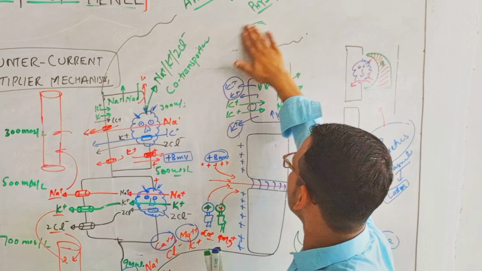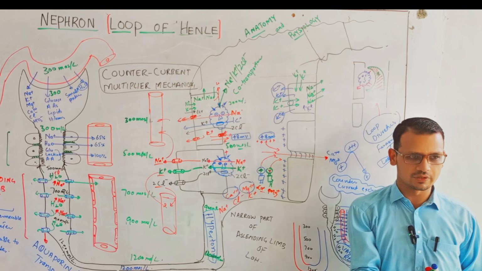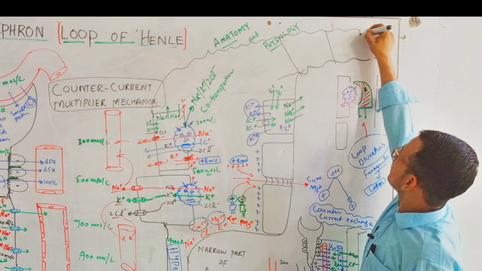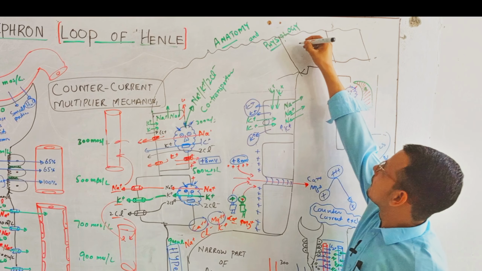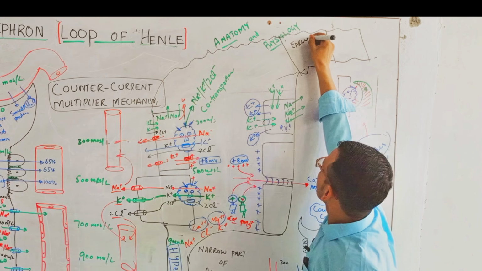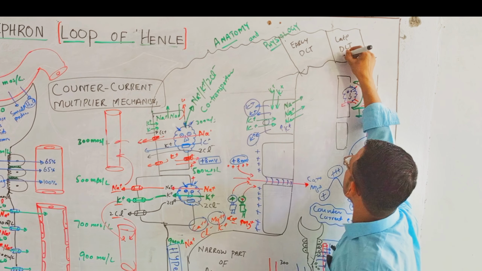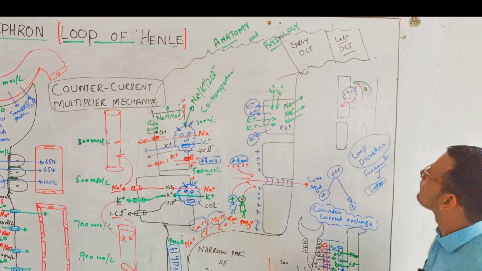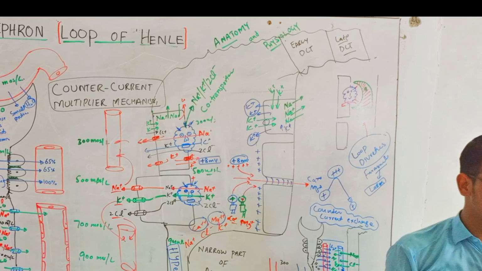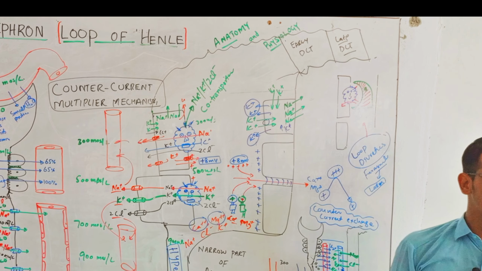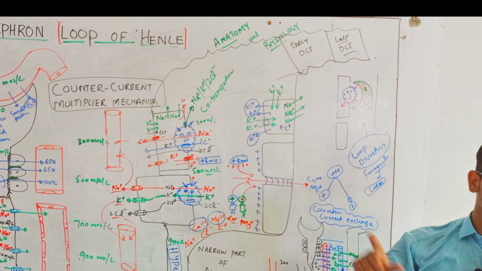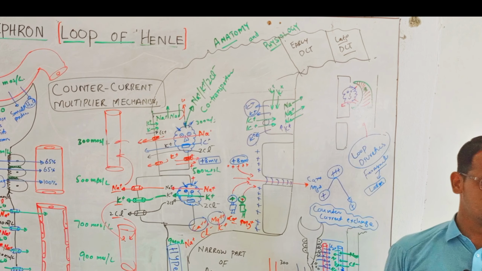After this we will discuss the distal convoluted tubule. The distal convoluted tubules are divided into two parts: the early distal convoluted tubules and late distal convoluted tubules. The mechanisms are different in these areas because of parathyroid hormone. What is the role of parathyroid hormone in the proximal convoluted tubule?